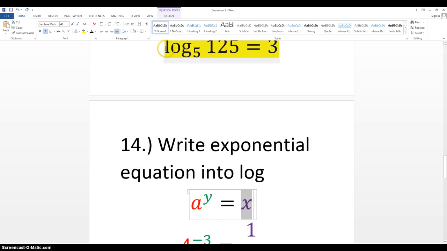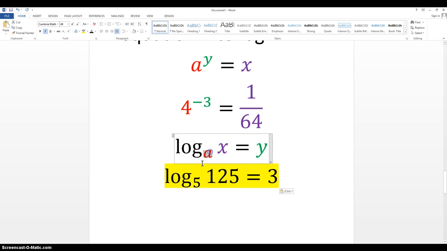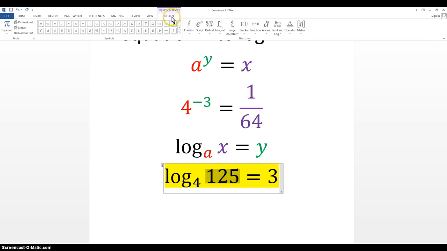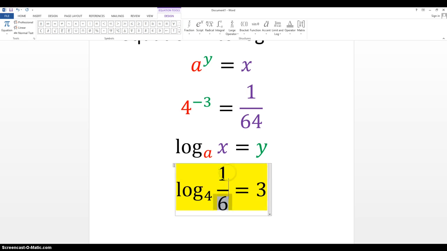Okay, so then after that, all I have to do is substitute the appropriate letters with numbers. So in other words, a in this case is what? 4. Excellent. X in this case is what? 1 over 64. Let's place all of that in parentheses.